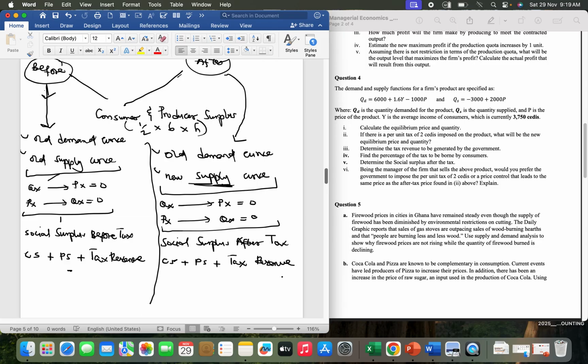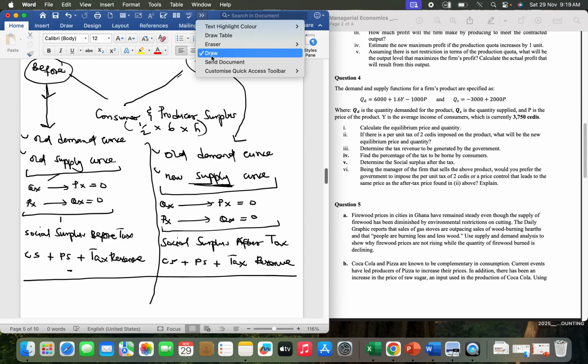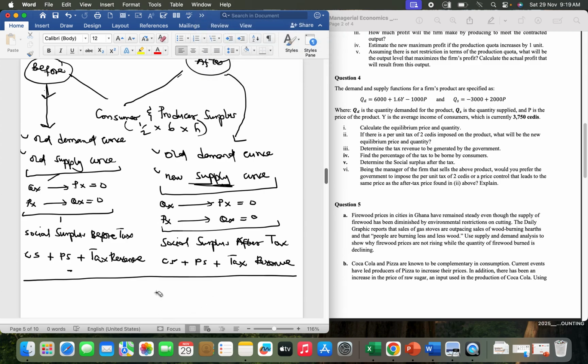So I've just given an overview here. That's it. This is a clear distinction of how to deal with this.